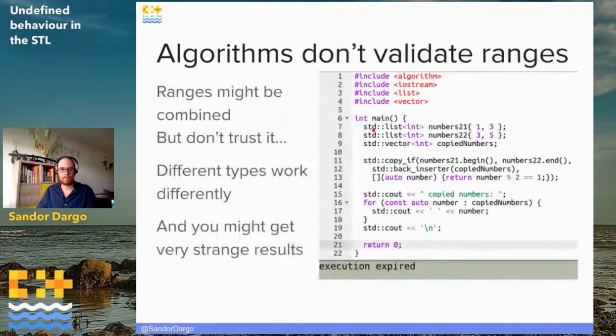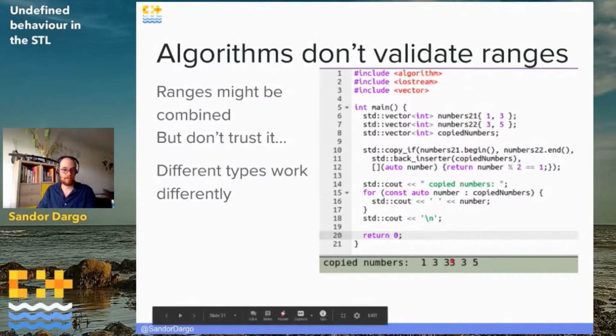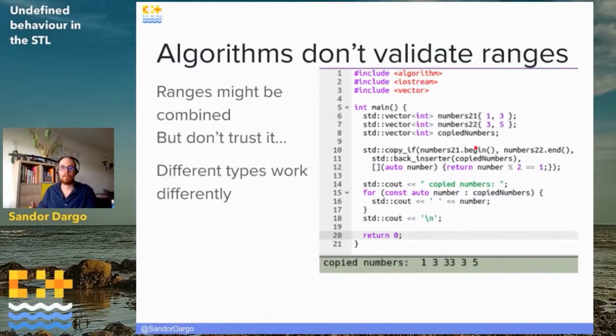When I use GCC, after numbers 21, after this vector, you had directly the data of numbers 22. So the example worked well with this padding, taking the 33 that was in between.